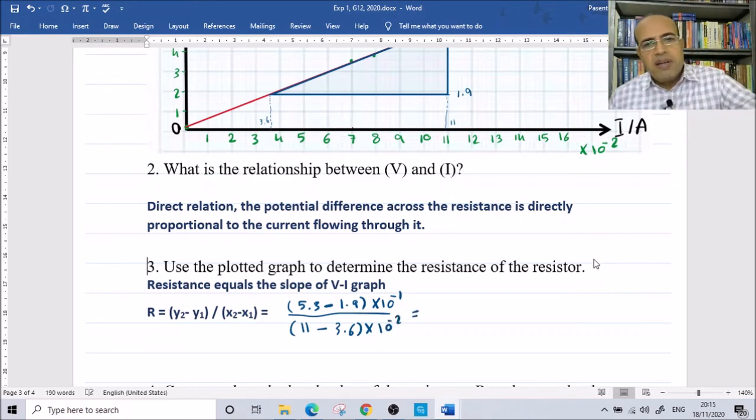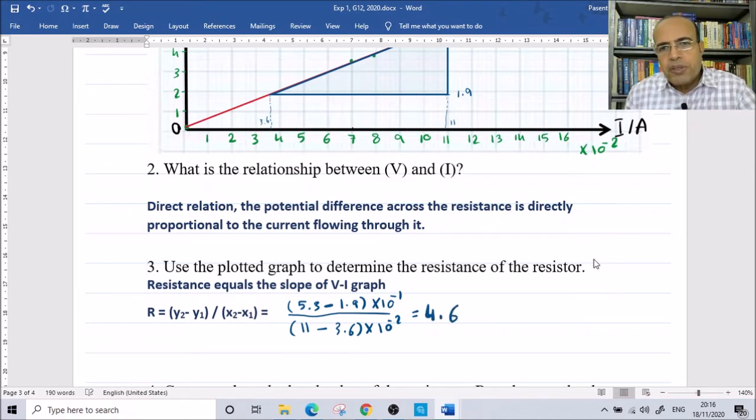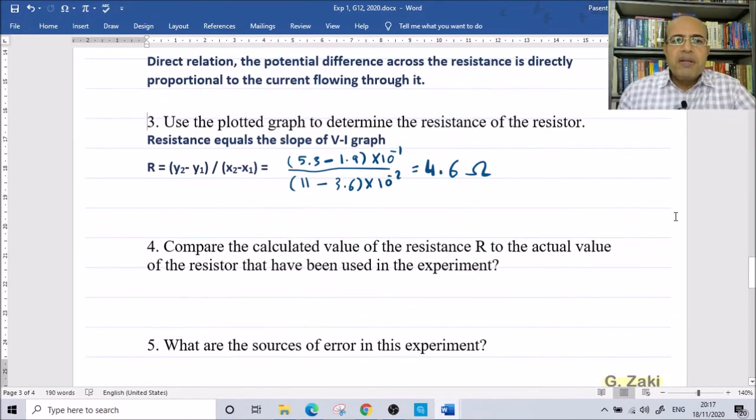We find the value using the calculator. The answer is 4.59, approximately 4.6 ohm.